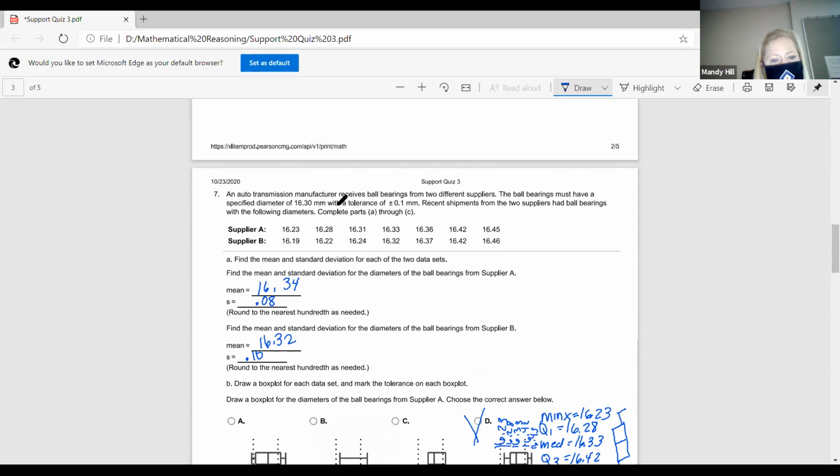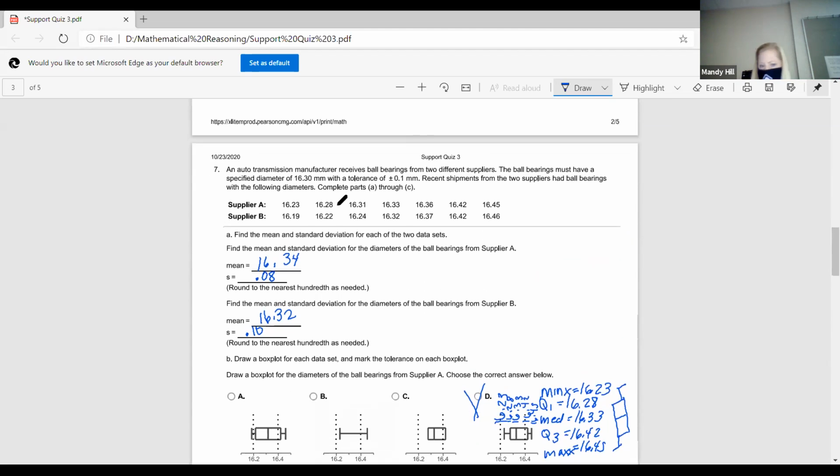So basically, in order for them to meet the specifications, they have to be 16.3 plus 0.1 to 16.3 minus 0.1. That's what the plus or minus means. If you add 16.3 plus 0.1, you would get 16.4. If you subtract it, you're going to get 16.2. So it actually has to be in between those.